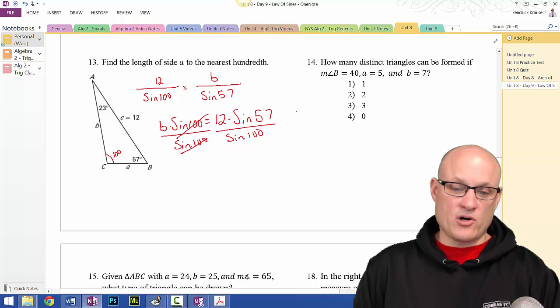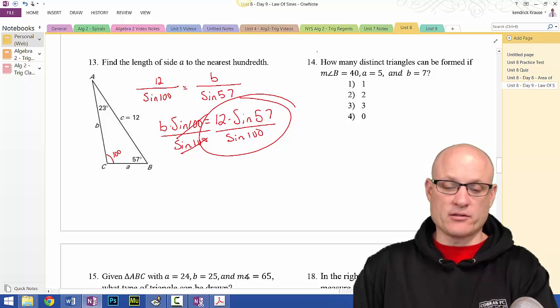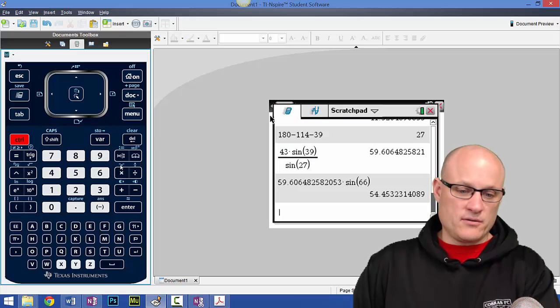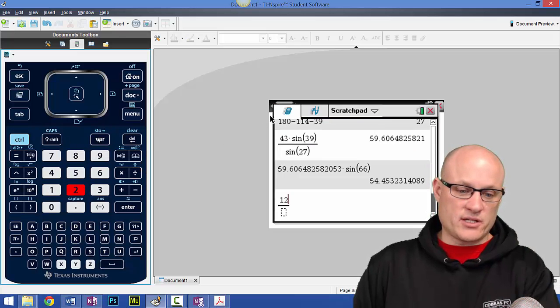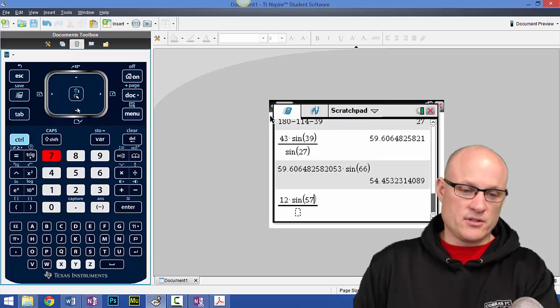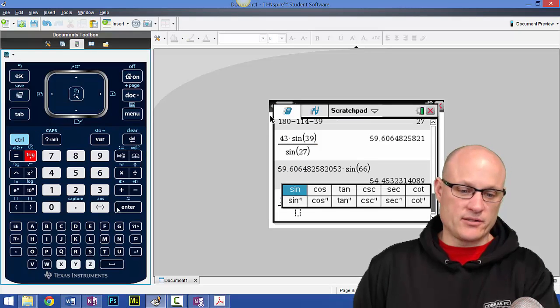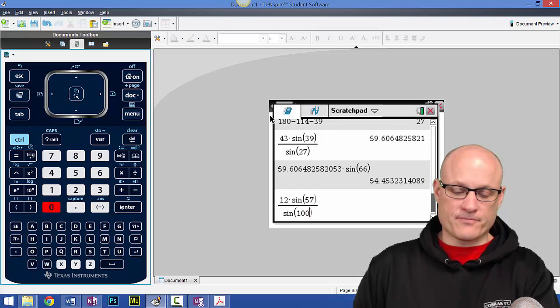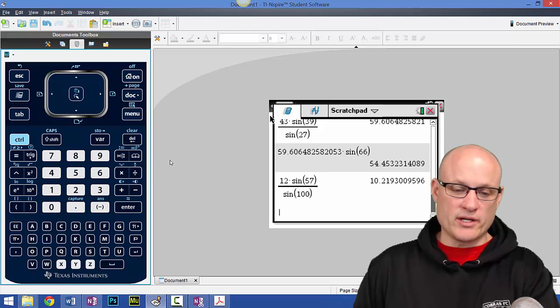Put all of this in my calculator. 12 times sine 57 divided by the sine of 100. And I get 10.219.